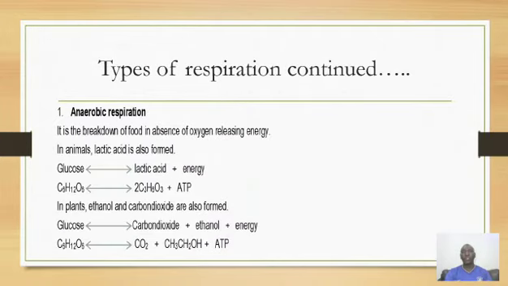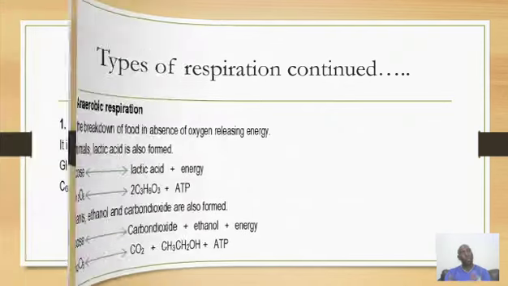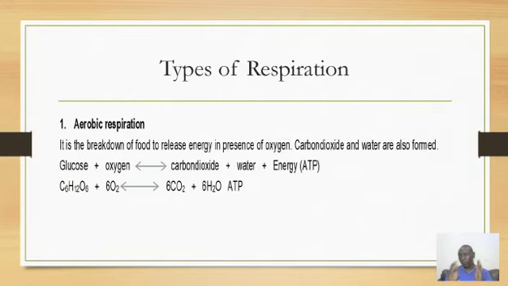Anaerobic respiration is breakdown of food in absence of oxygen to release energy, while aerobic is breakdown of food in presence of oxygen, releasing energy. However, in aerobic respiration, carbon dioxide and water are also formed.